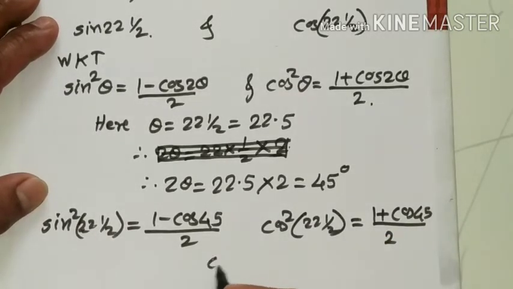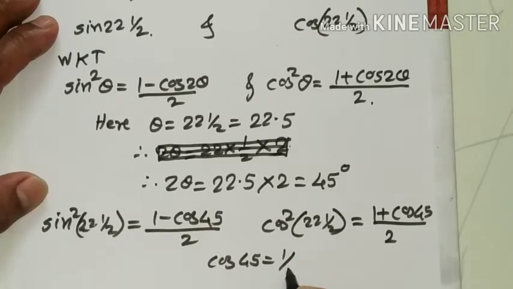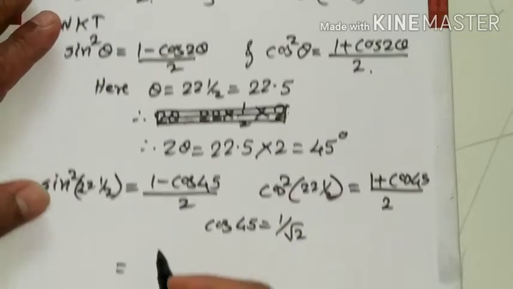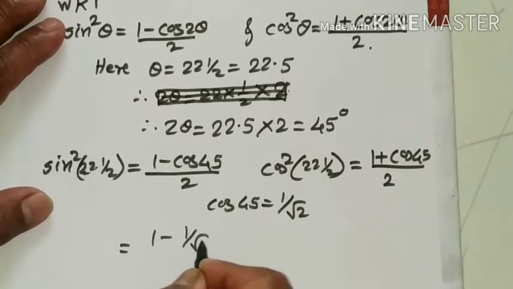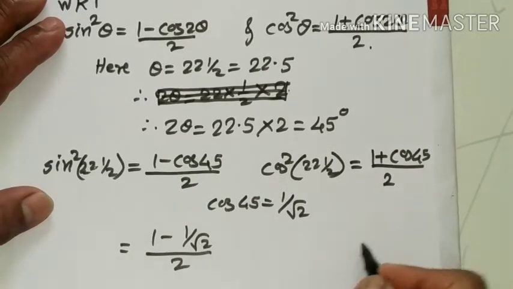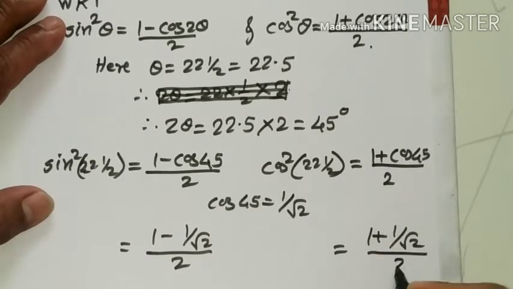Cos 45 is equals to 1 upon root 2. Then 1 minus 1 upon root 2 divided by 2, 1 plus 1 upon root 2 divided by 2.